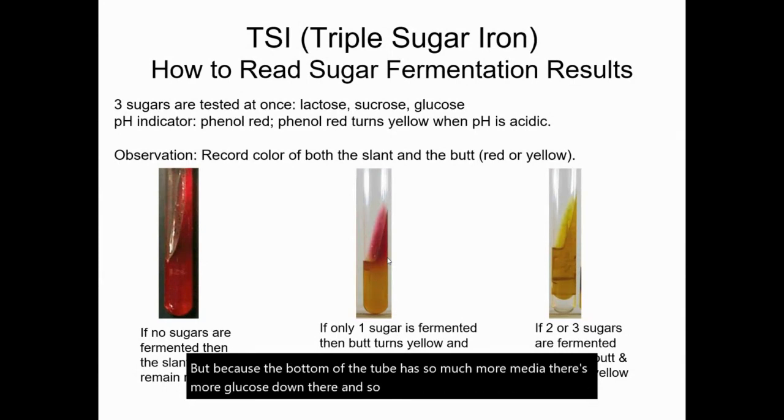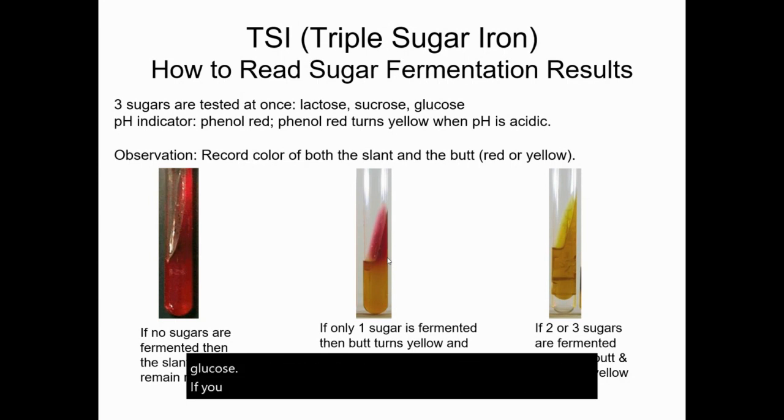And so the bacteria in that area are able to keep eating any remaining glucose. By the time you take the tubes out of the incubator, the bacteria has not consumed all of that glucose. And so that's why the butt of the tube remains yellow, because there's just more glucose down there. So the middle tube means that that bacteria is capable of fermenting glucose.